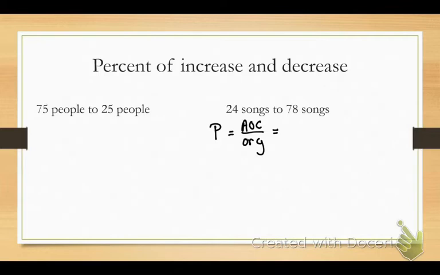78 minus 24, which is 54 songs. I just subtract them from each other; I'm not worried about positive or negative. Divided by the original amount or the starting value, which is 24. What's 54 divided by 24? 2.25.